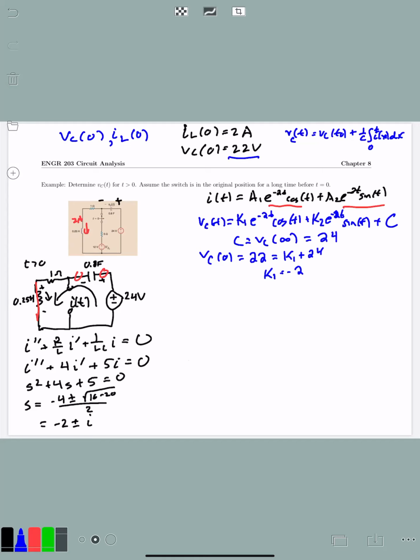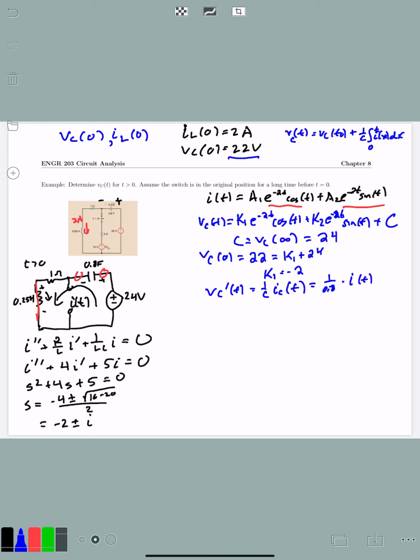Then, in order to figure out what the K2 is, you need to take the derivative. So we need to think about what happens if you take the derivative of VC of t. Well, that's exactly going to be 1 over C IC of t by the formulas from chapter 6, which is going to be 1 over 0.8 times, well, they all have the same current, so it's just going to be I of t as well.